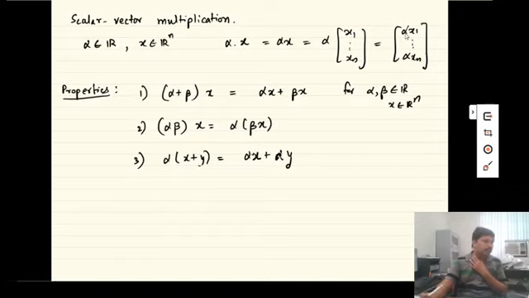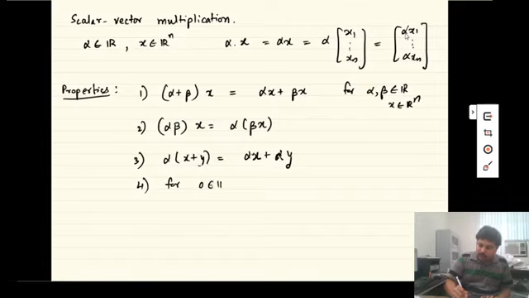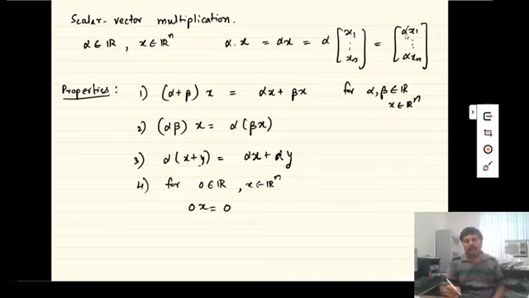So these properties, and the fourth property is for scalar 0 and a vector in Rn. This is something very interesting that you should understand. 0x is equal to 0. But when I write this equation down, 0x is equal to 0, you have to understand that this 0 is a scalar, but this 0 is a vector 0.